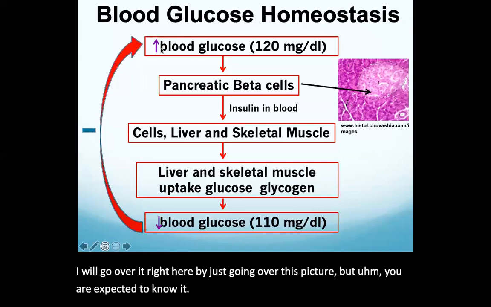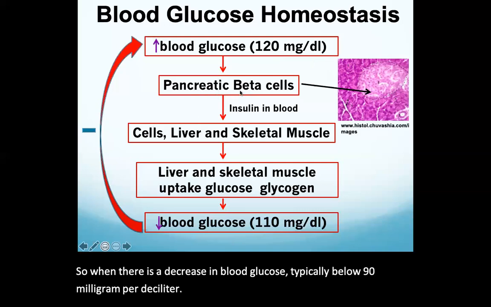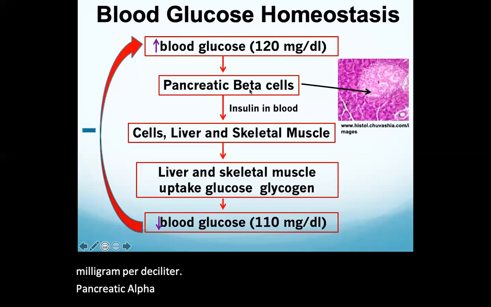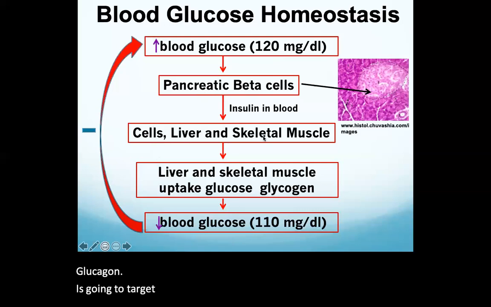So when there is a decrease in blood glucose, typically below 90 milligram per deciliter, pancreatic alpha cells are going to release glucagon, not insulin, glucagon. It's going to target cells, liver, and skeletal muscle.